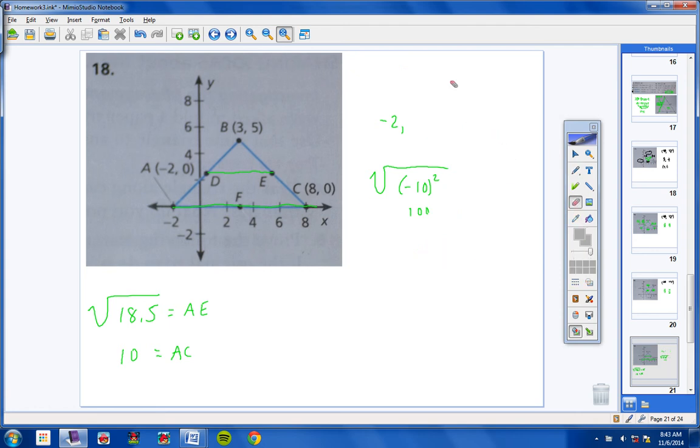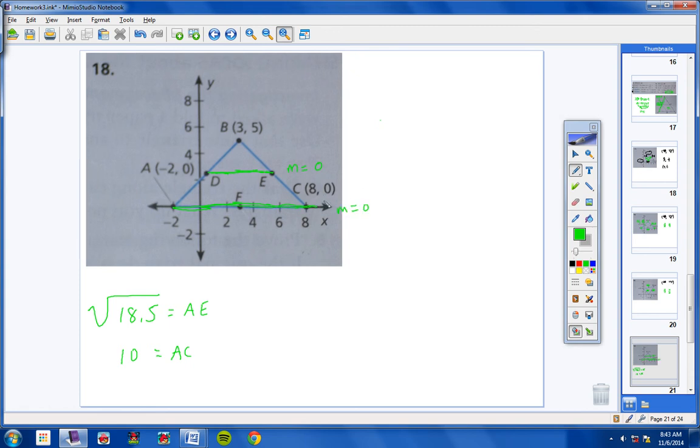Well, parallel lines have the same slope. I'm not going to take a lot of time and do that because we can see, guys, that this is a horizontal line, and horizontal lines always have a slope of, do you remember, 0. And so here's another horizontal line, and its slope will also be 0.